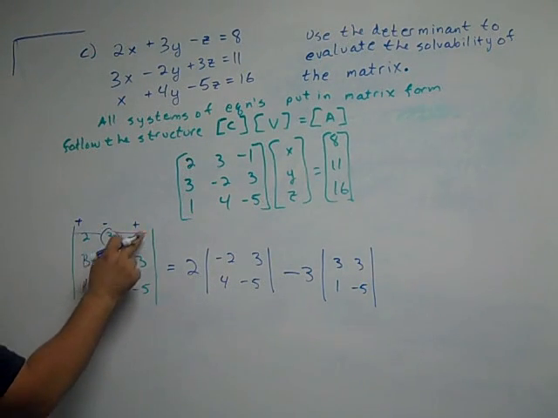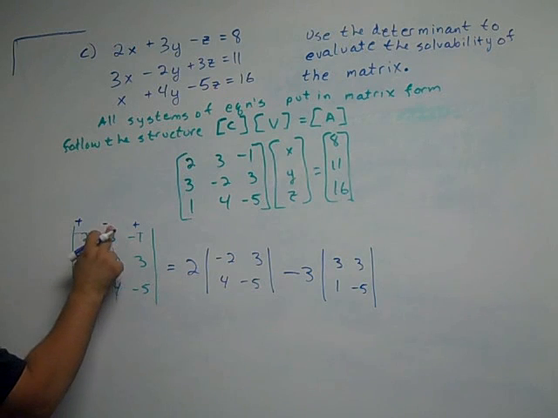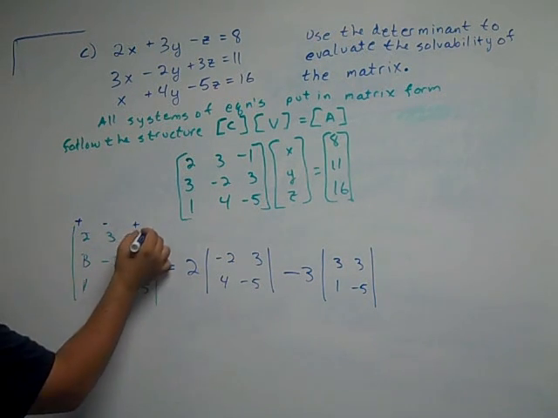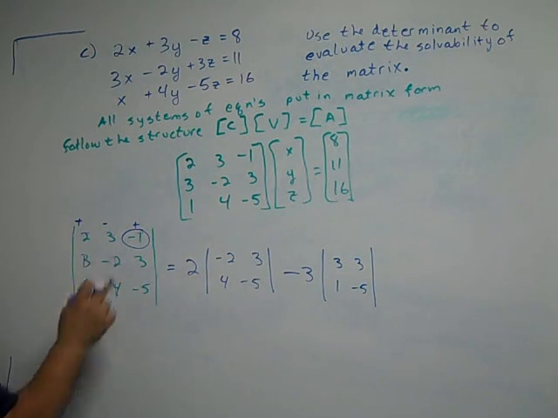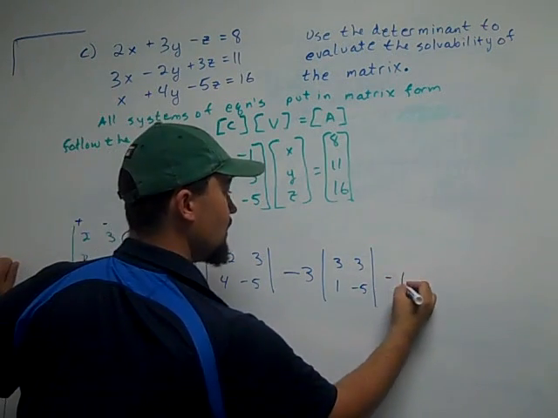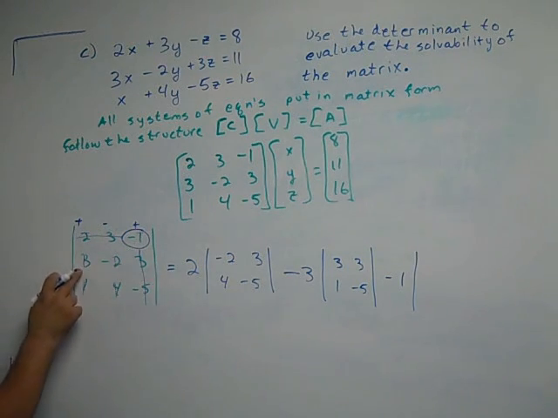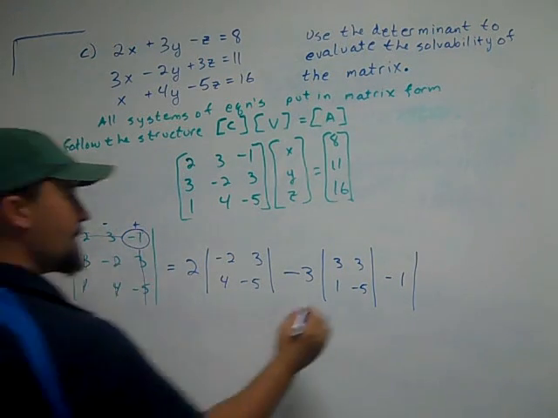Finally, we move over here. We're going to expand out that -1. So it's plus a -1, so it's really just -1. And we have 3, -2, 1, and 4.